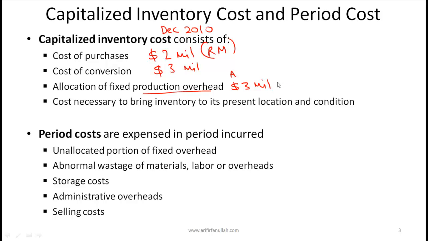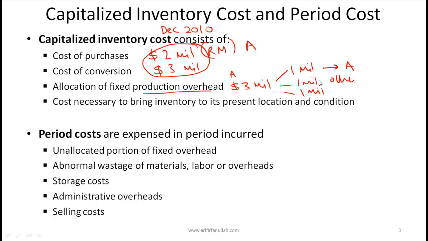Of this 3 million, let's say that 1 million can easily be allocated to product A. Assume that the earlier figures are all for product A. Of this 3 million production overhead, you can allocate 1 million to product A. Let's say 1 million goes to other products and 1 million cannot be allocated.